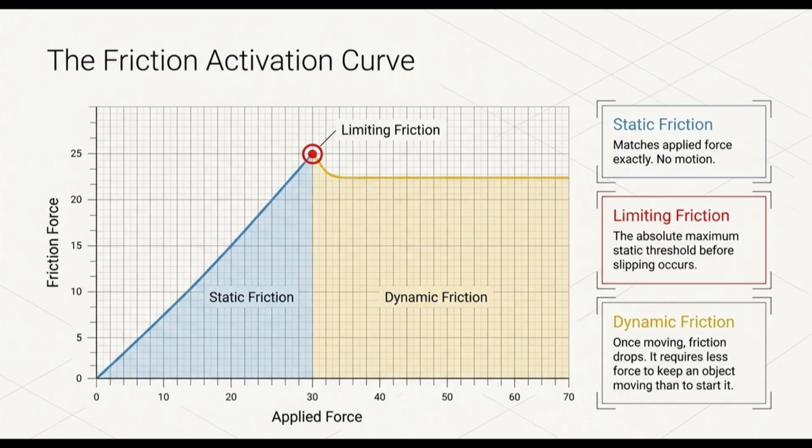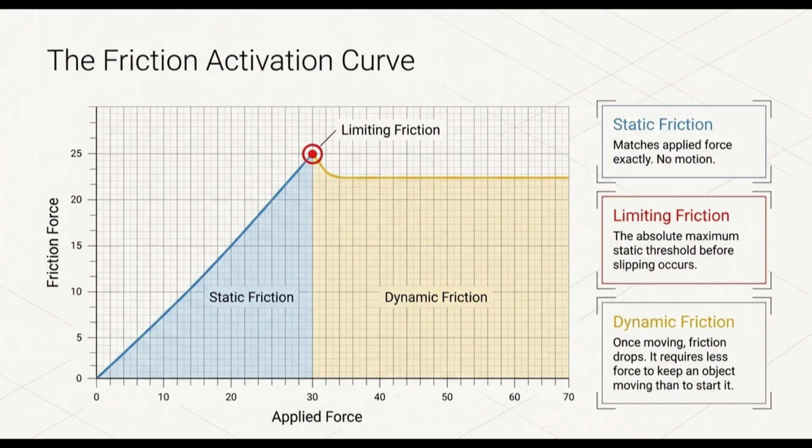Now let's see the friction activation curve. Here you can see the graph. The graph explains how friction changes as applied force increases. Initially, we are starting with static friction. It increases to match the applied force, preventing the movement.